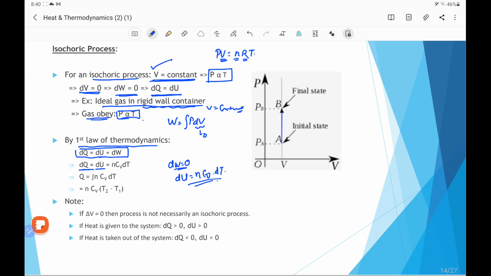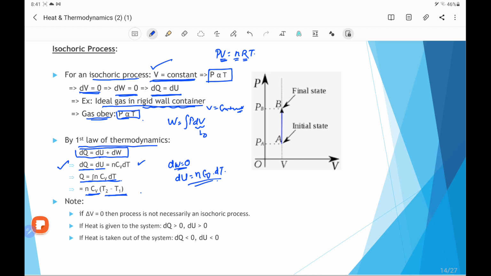So dq equals du equals n Cv dT. To find the total heat, we integrate n Cv dT. Because n and Cv are constant, and the integral of dT gives T, integrating from the limit T1 to T2 we get n Cv (T2 minus T1).